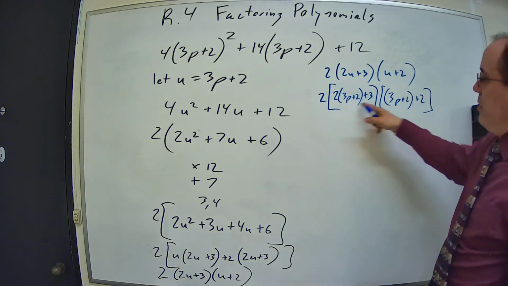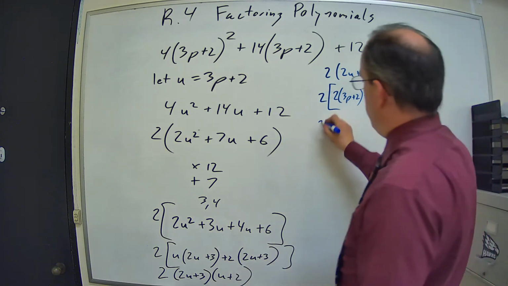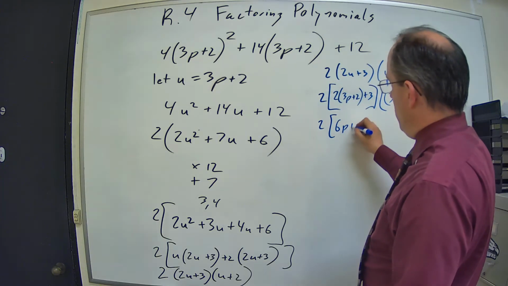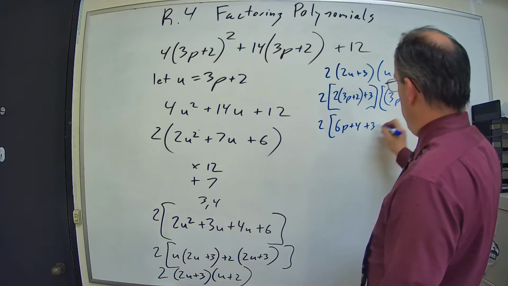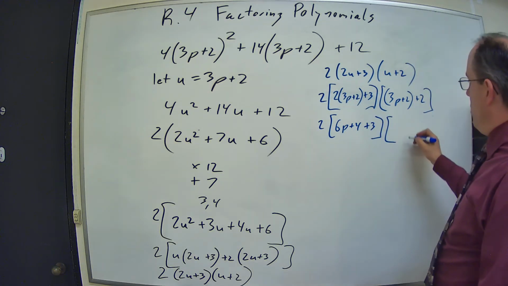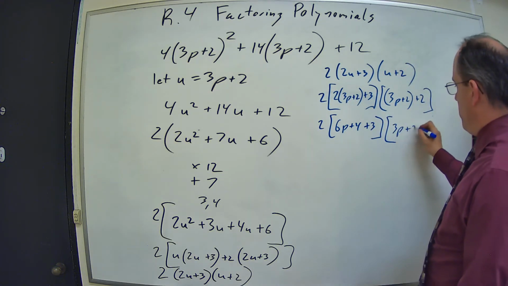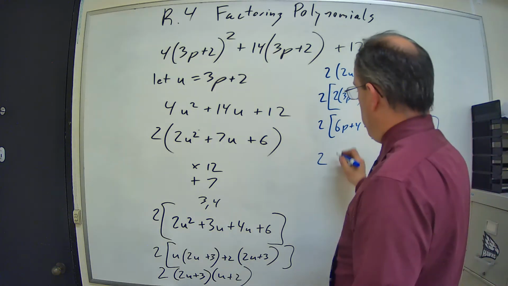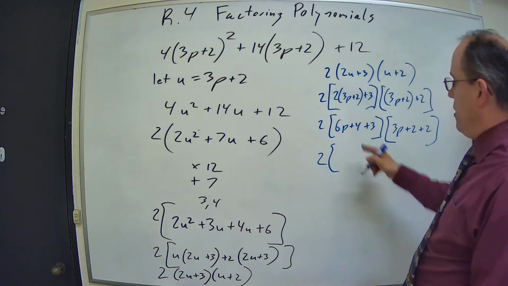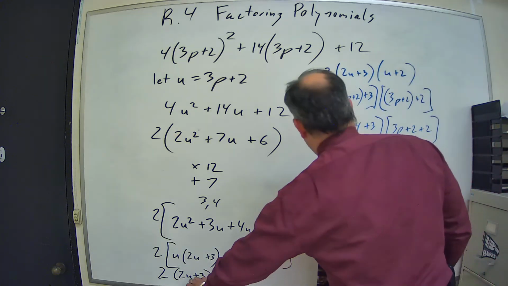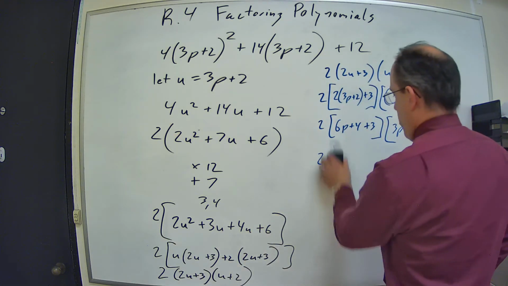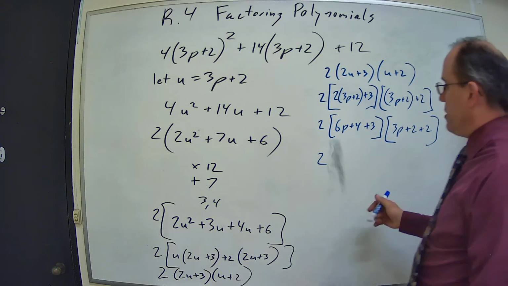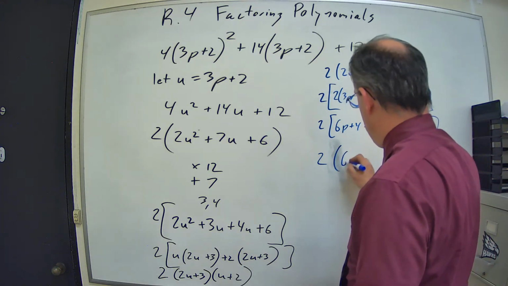Now I can distribute that through, so I have 2 times (6p plus 4 plus 3) and (3p plus 2 plus 2). 2 times, let me make that a parenthesis, I don't want to do a square bracket anymore. 6p plus 4 plus 3 is 6p plus 7.